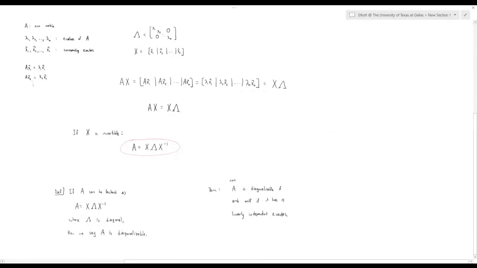Then if you had these n linearly independent eigenvectors, you could create this matrix X, which will be invertible, get the corresponding eigenvalues, and get this factorization.